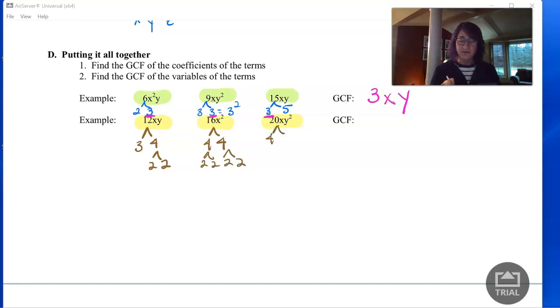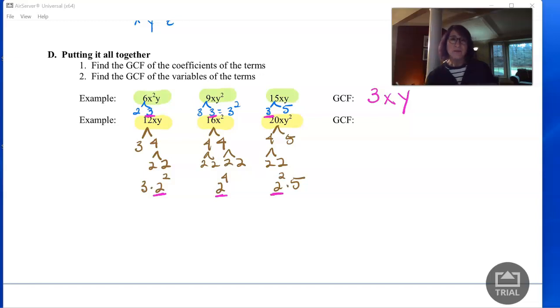And 20 would be 4 times 5. Okay, so for 12, I've got 3 times 2 squared. Then I've got 2 to the 4th and 2 squared times 5. So 2 is clearly common to all three of those. But the exponent that's the smallest is 2 squared, which is the same thing as 4.